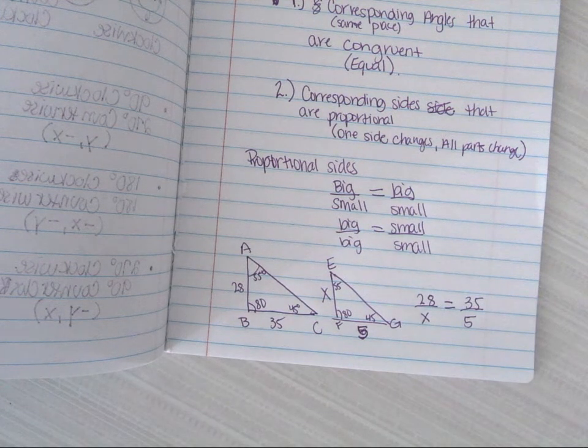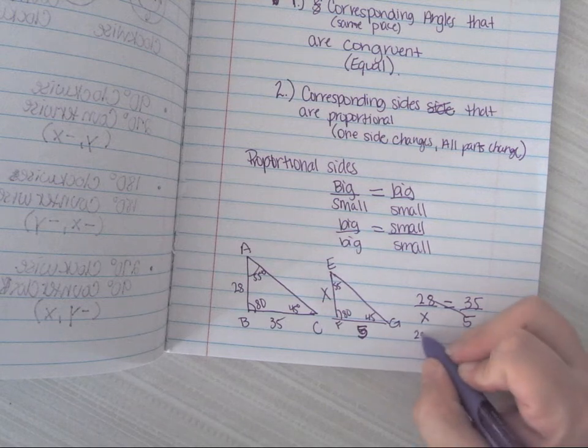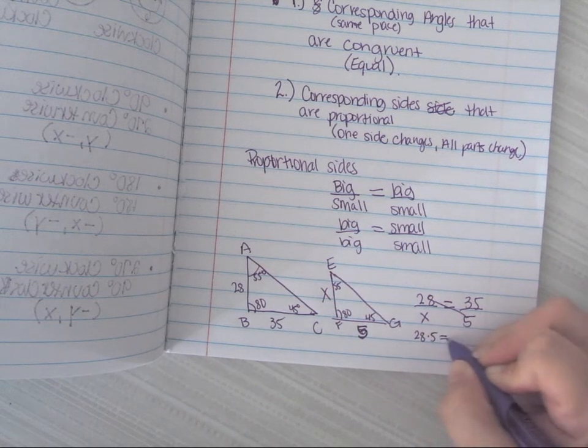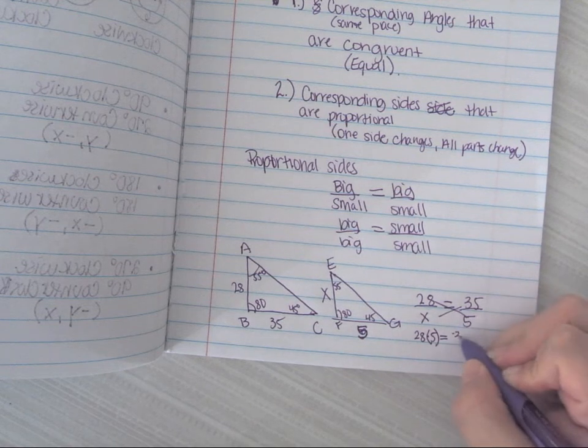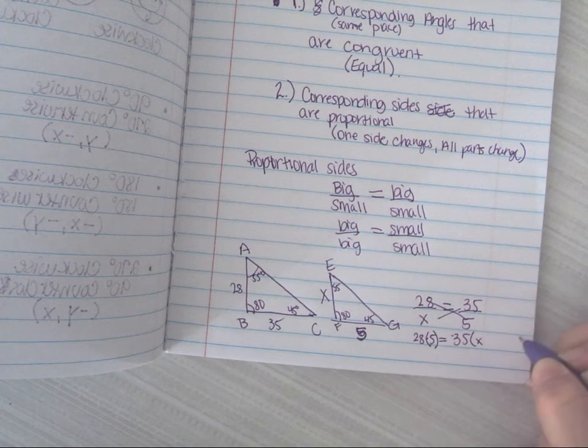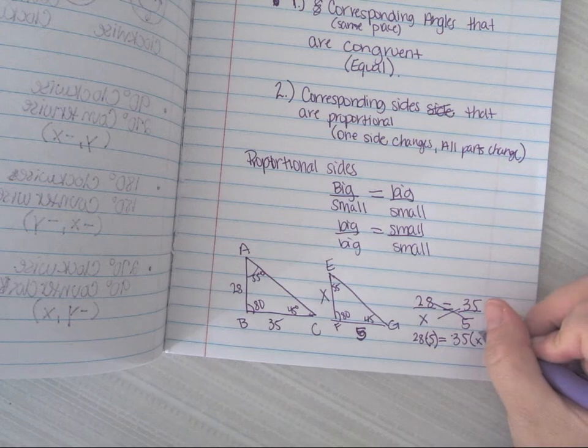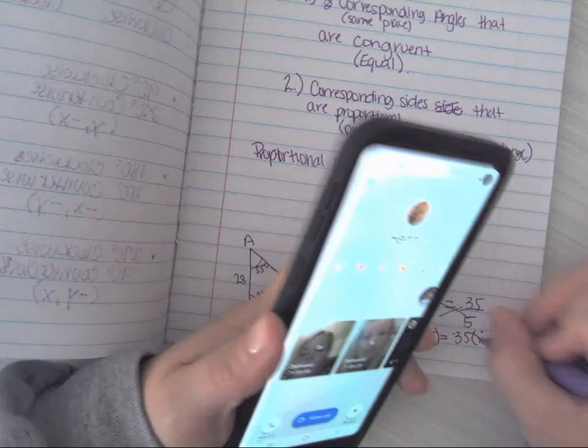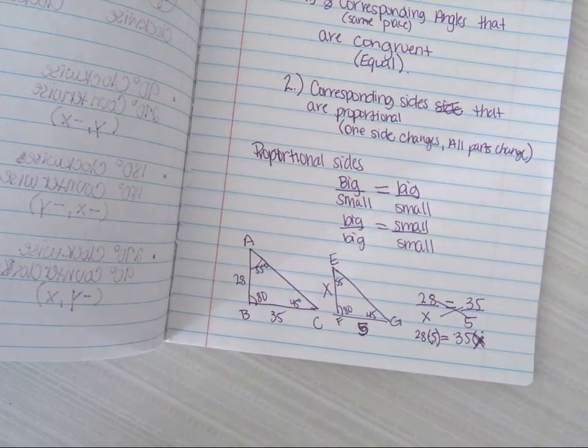You can cross multiply and divide by the leftover number. Or set up an equation, not a proportion. This is a proportion, 28 over x equals 35 over 5.